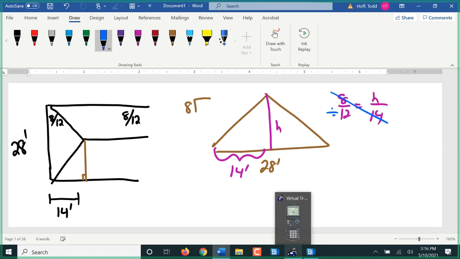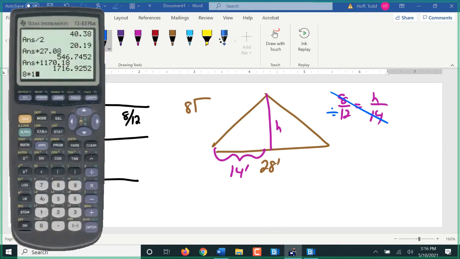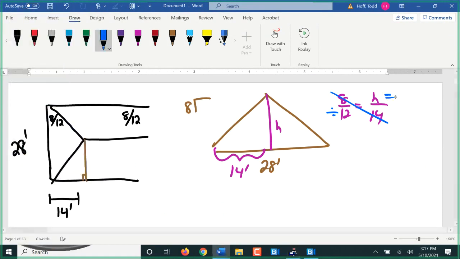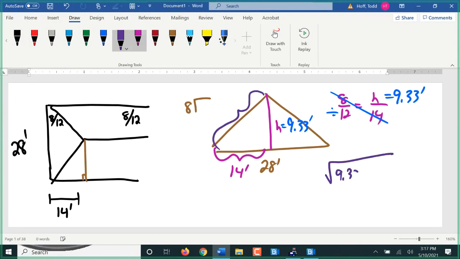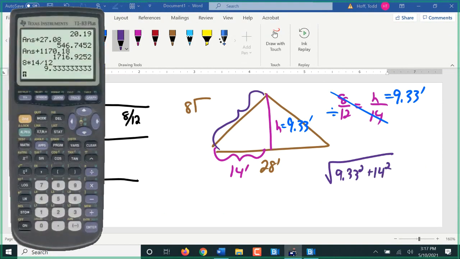Cross multiply and divide. 8 times 14 divided by 12 gives us 9.33 for height. So this length here is the square root of the 9.33 squared plus 14 squared.